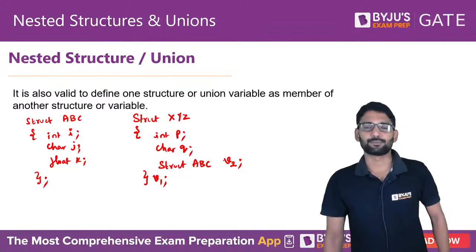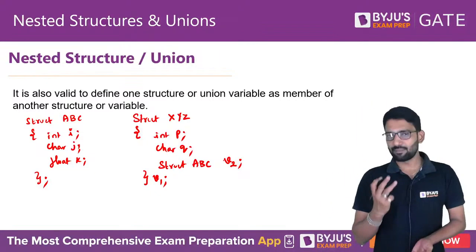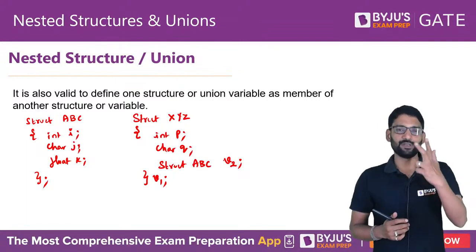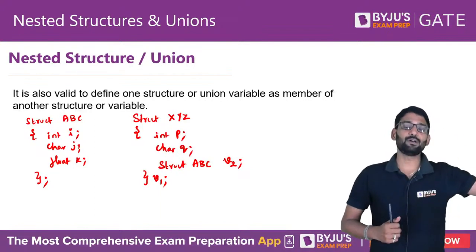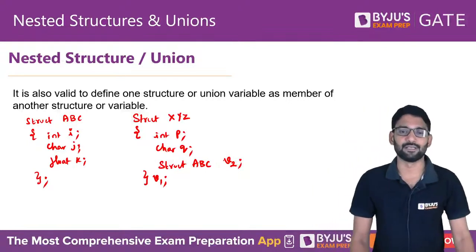Look at this. Now structure xyz has 3 members. What are they? p, q, v2. But v2 is a variable of another structure. Like this also we can define.